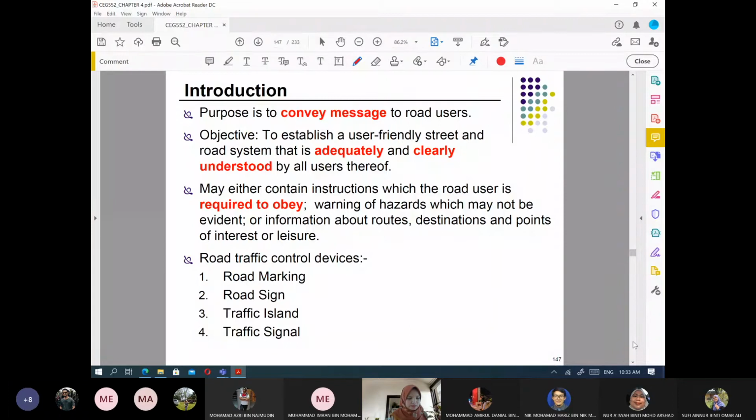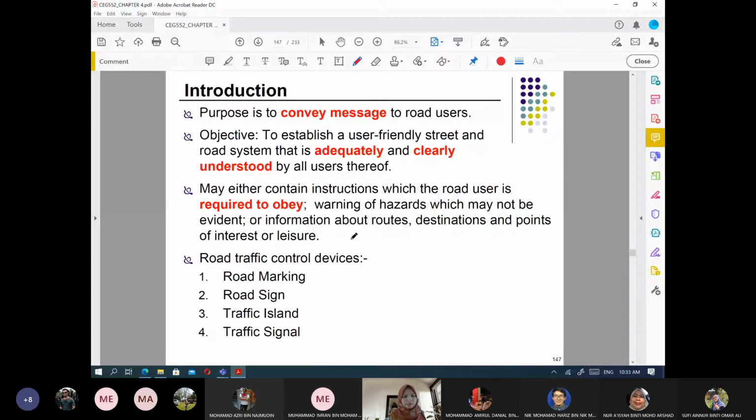Okay, so this device must be user friendly. Okay, and it must be adequately and clearly understood by all users. Okay, maksudnya sekarang ni dia mesti uniform. Okay, you pergi dekat mana-mana negara pun, you tahu merah tu adalah berhenti, kuning tu kena get ready to stop, and when it's green, you can actually move.